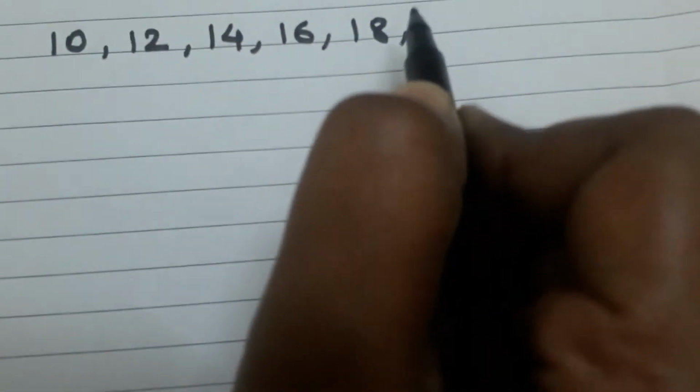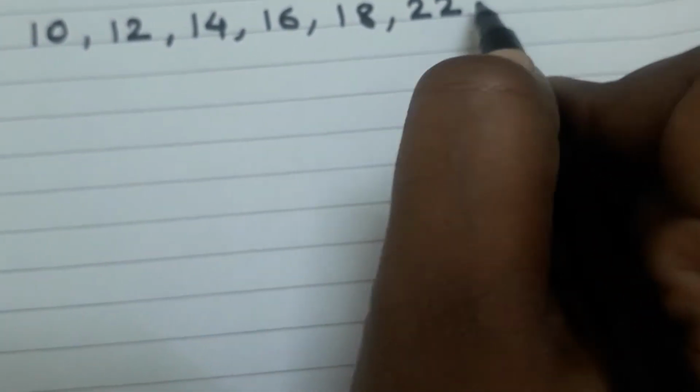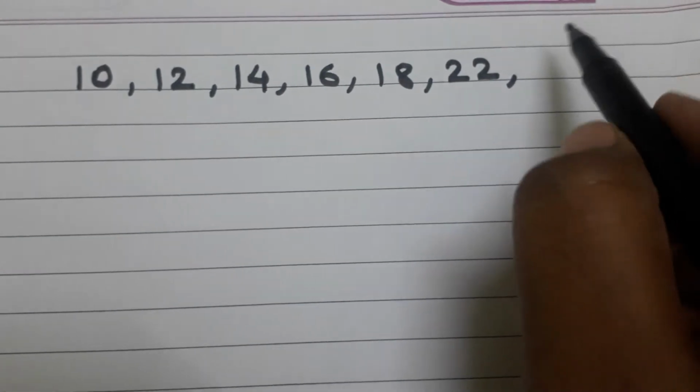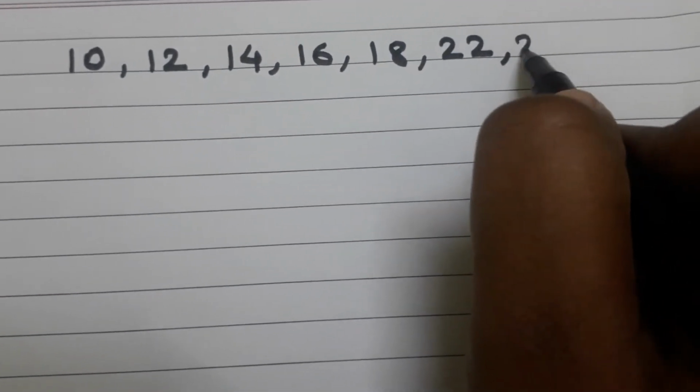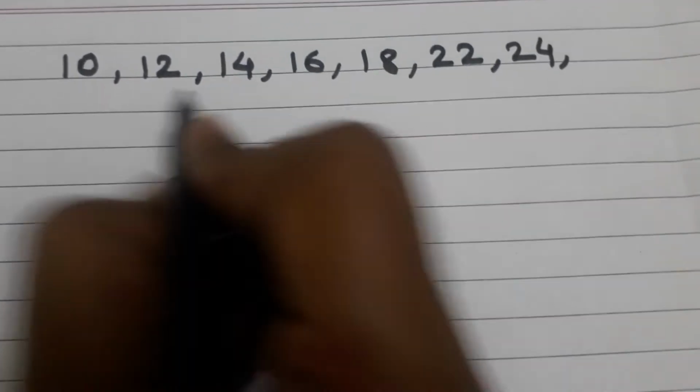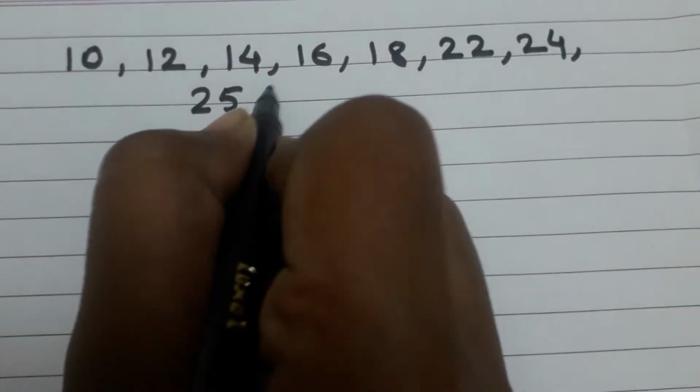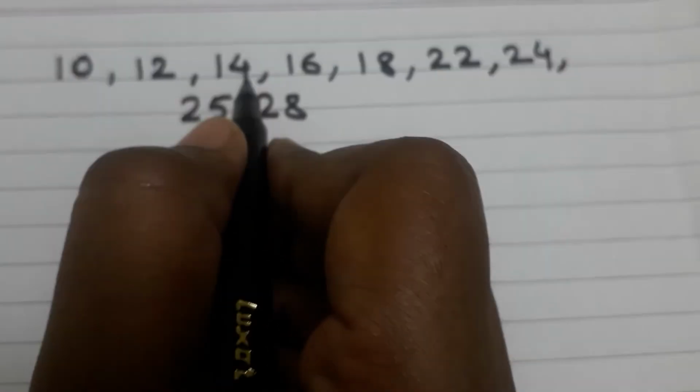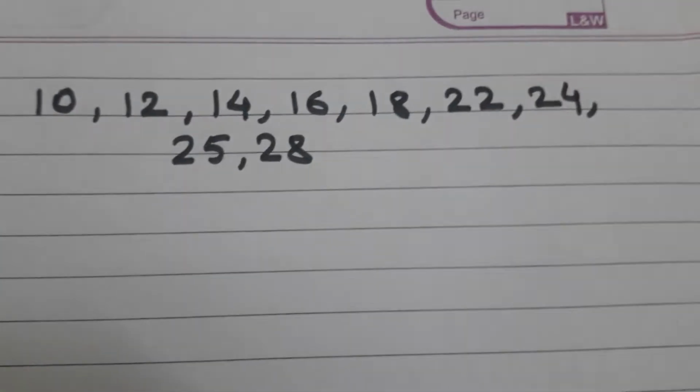The edge 10, after 10 the next edge is 12, 14, 16, 18, 22, 24, 25 and 28. So these are the different edges which are present in the graph.